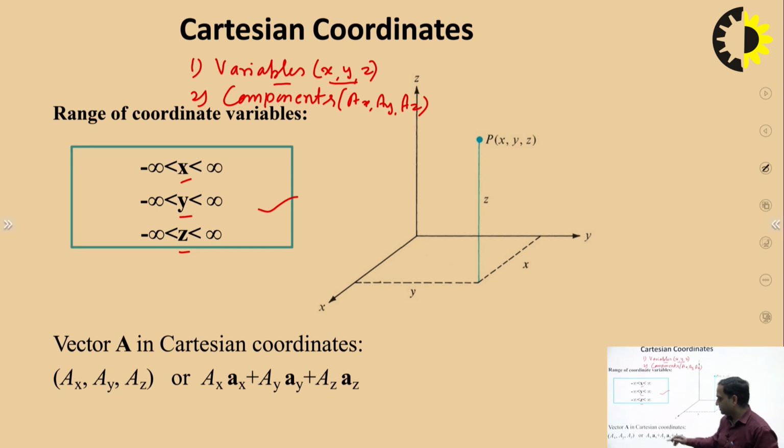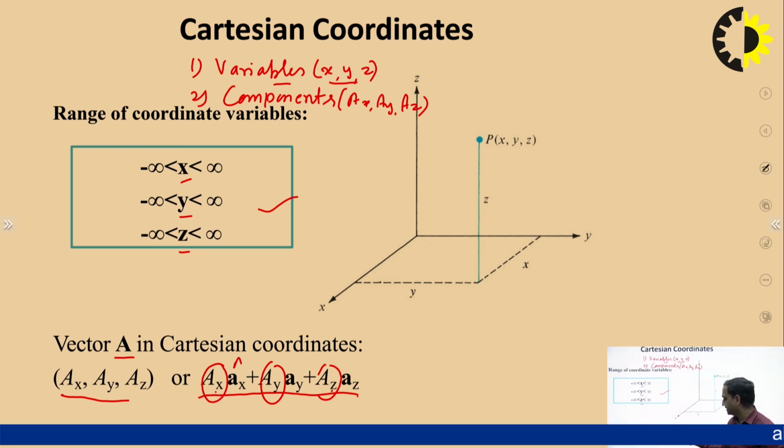The first one is the variable, and the second one is the component. As I said, components will be of the vectors. The vector A in the Cartesian coordinate system is represented as Ax, Ay, Az, or in vector form we write it as Ax ax, Ay ay, and Az az. These Ax, Ay, Az are the components, and their directions are represented like this: Ax in the direction of unit vector ax, Ay in the direction of ay, and Az in the direction of unit vector az.